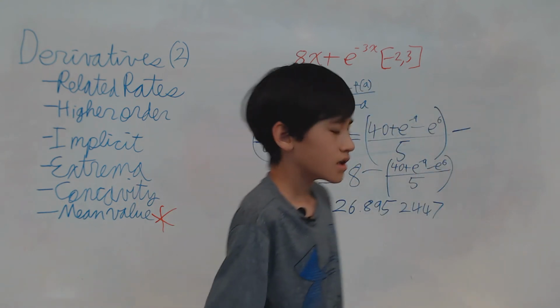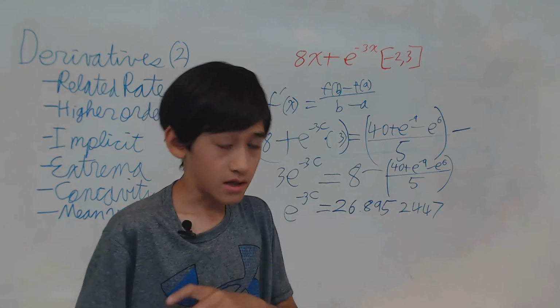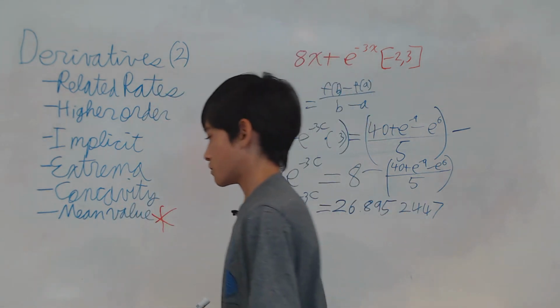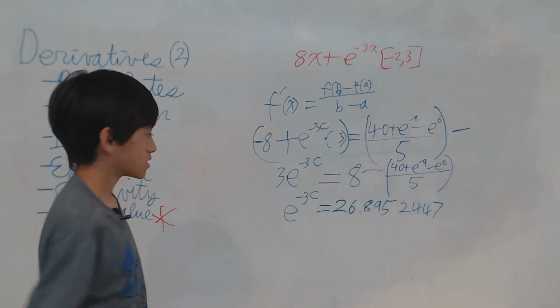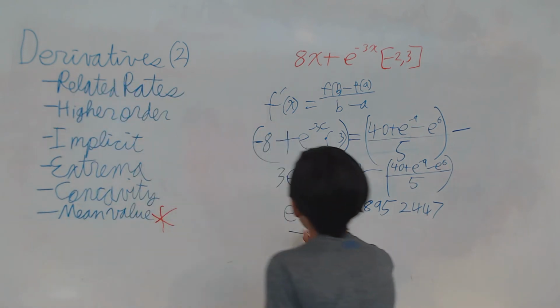Alright. Now you know what to do. Yes, exactly. Take the natural logarithm of both sides to get rid of that and get negative 3c.